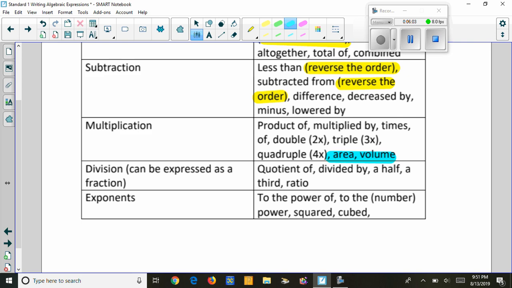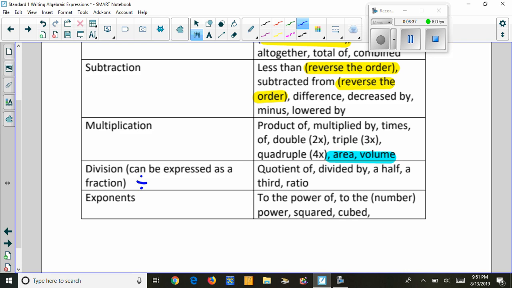Next up is division. We'll see division demonstrated in 2 different ways. Division will either be shown using the division sign or as a fraction. And there are certain ways we can tell whether they specifically want a fraction or if the choice is ours. Words for division are quotient of, divided by.